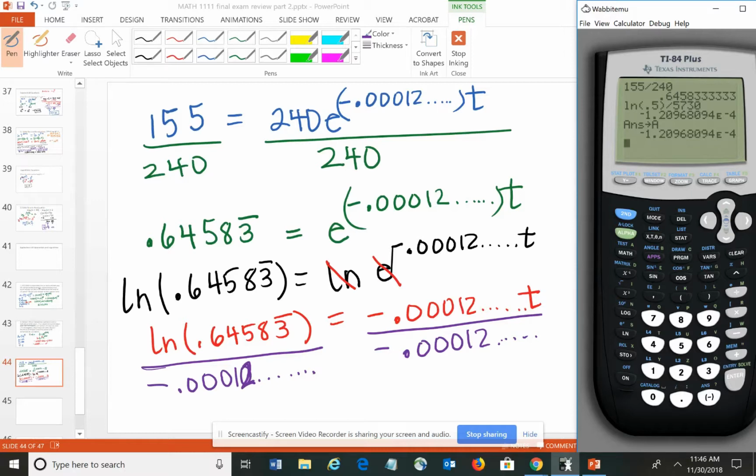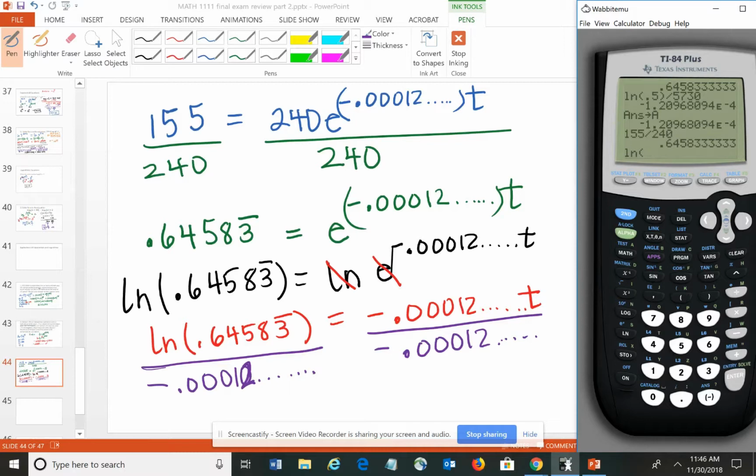So then let's go back. Natural log. I need to do the 155 divided by 240. Sorry, I had a mistake there. 155 divided by 240 equals that decimal number.